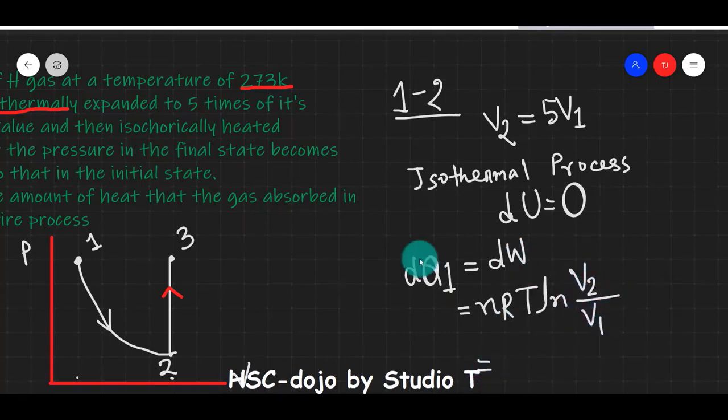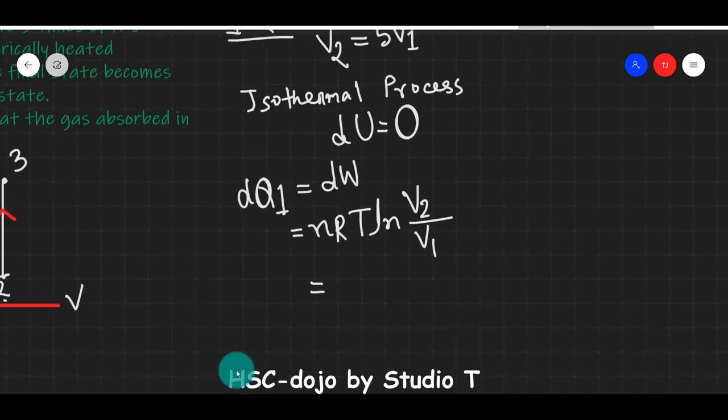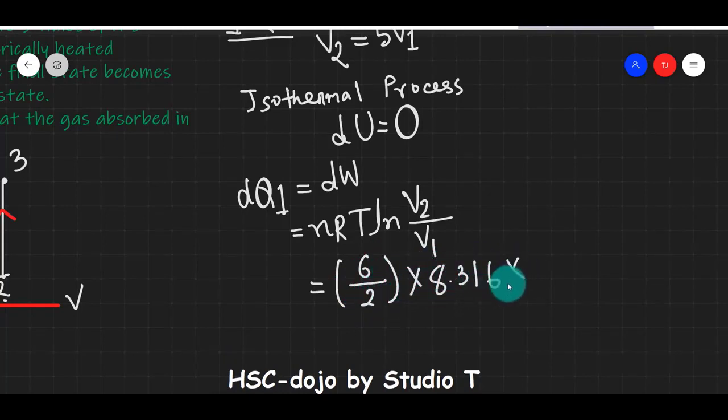So we have to now find out the number of moles. We know what R is. We have to find out temperature. Look, temperature here is given, and the amount of hydrogen gas was 6 grams. So 6 by 2 into 8.316 into temperature 273 Kelvin into ln 5, that amount of joule.